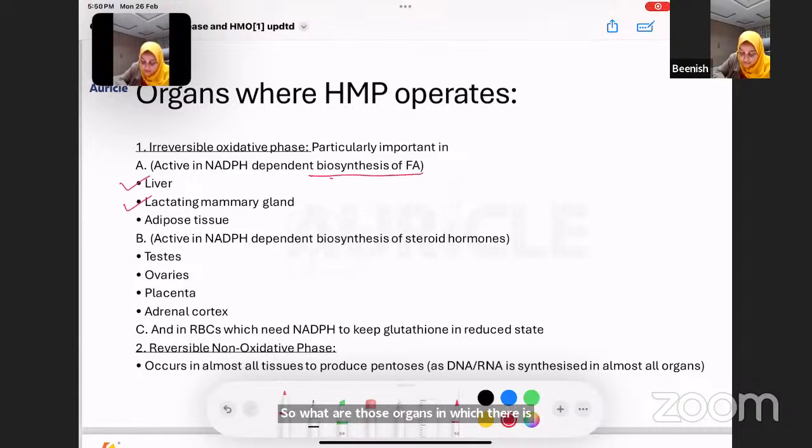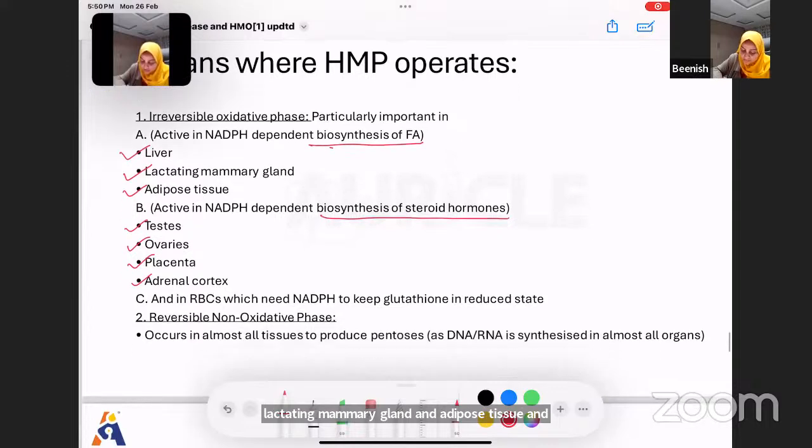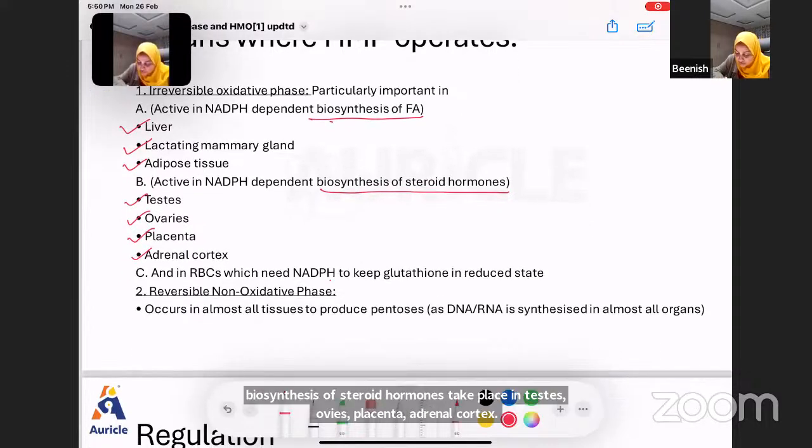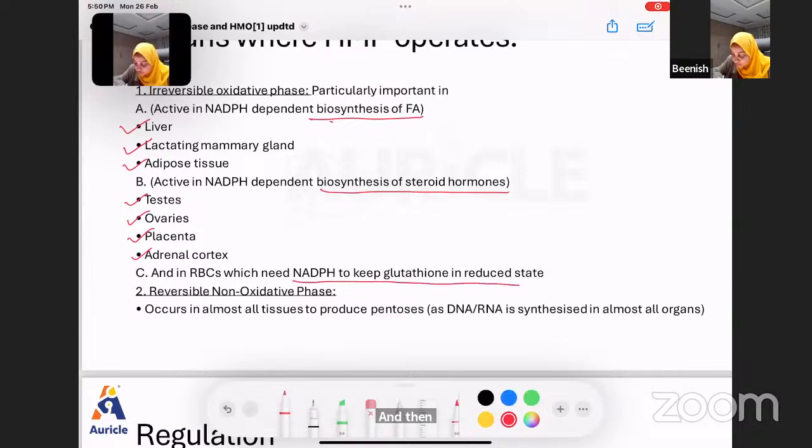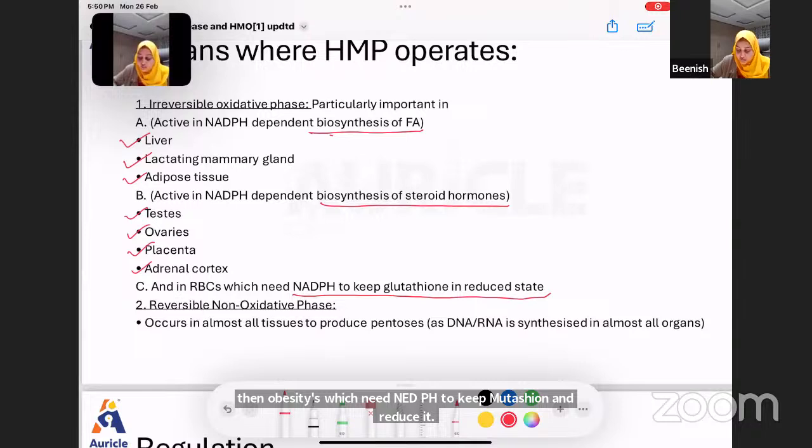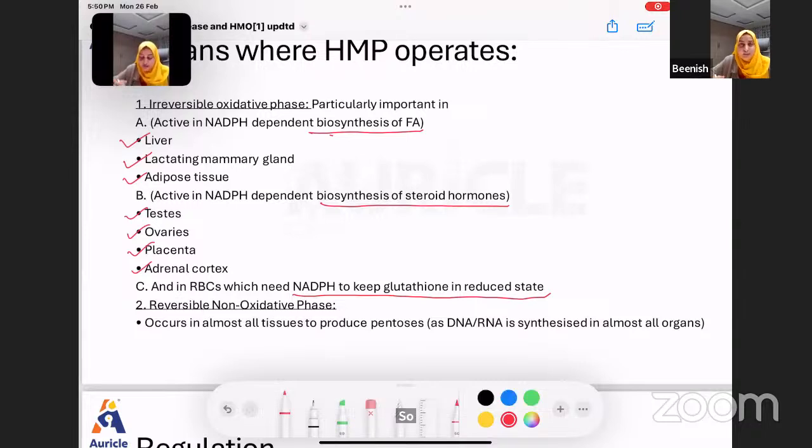It is liver, lactating mammary gland, and adipose tissue. And biosynthesis of steroid hormones takes place in testes, ovaries, placenta, adrenal cortex. And in RBCs, which need NADPH to keep glutathione in reduced state. So your irreversible oxidative phase is particularly taking place in all these organs where there is reductive biosynthesis of cholesterol, fatty acid, and steroid hormones going on.